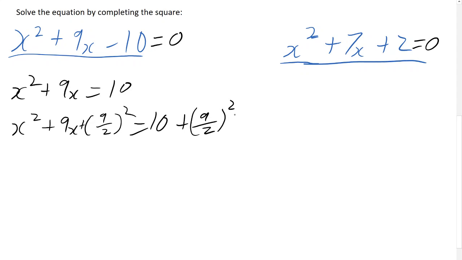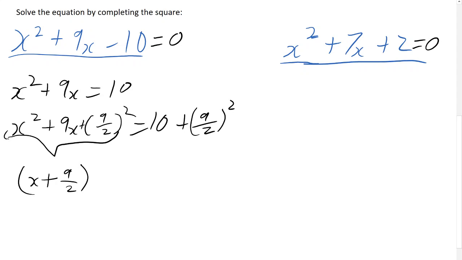So for this, now the next step is to simplify this into the squared binomial, which is x plus 9 over 2.